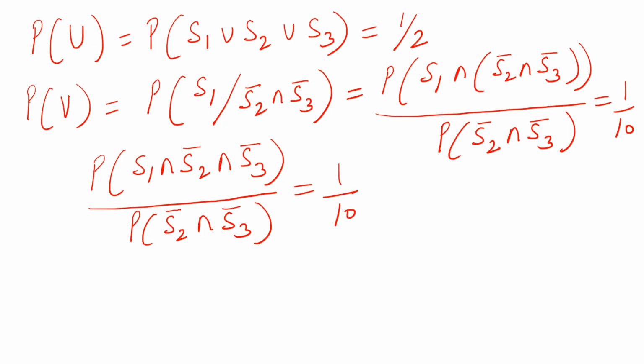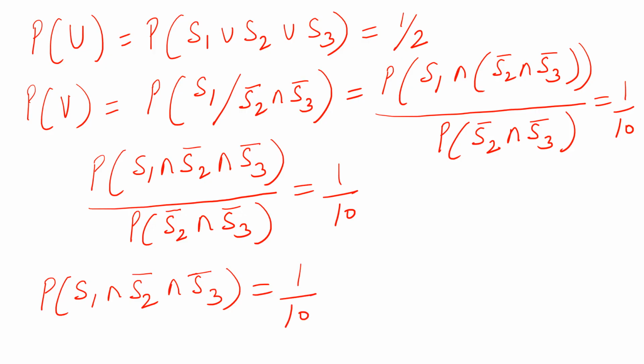So from here I can write an equation, and that is probability of S1 intersection S2 bar intersection S3 bar is equal to 1 upon 10 into probability of S2 bar intersection S3 bar.